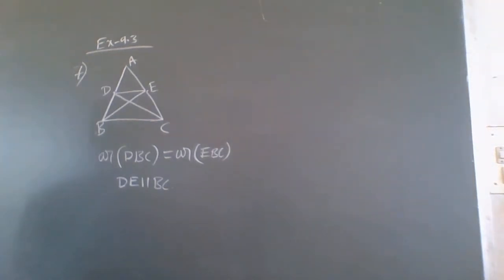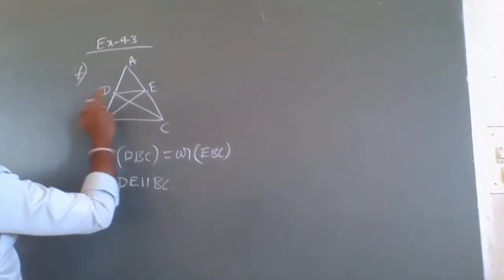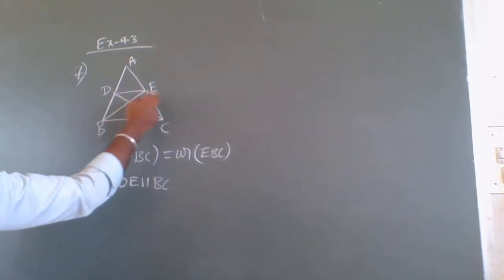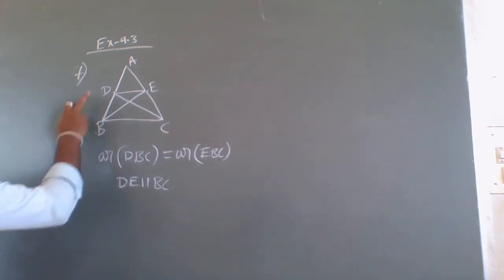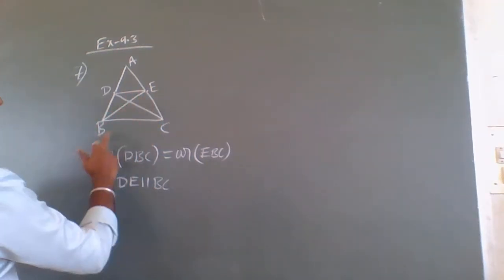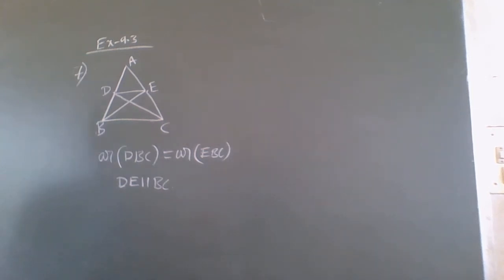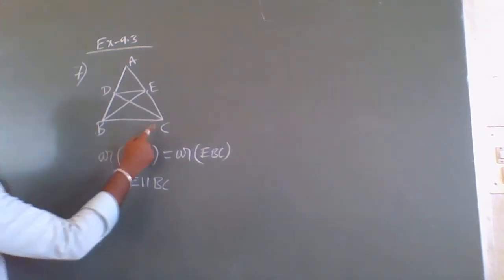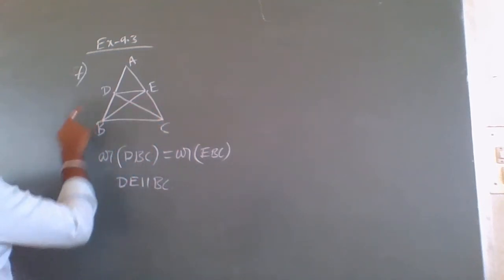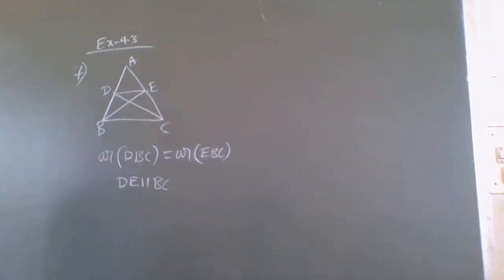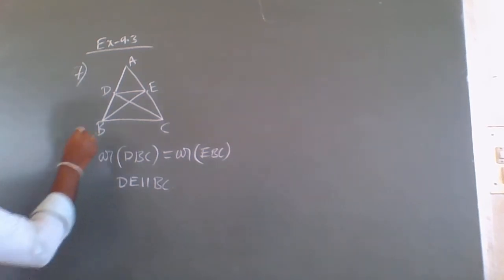So here they are given in triangle ABC, D and E are points on AB and AC respectively, and here area of this DBC is equals to area of EBC. So that we have to prove this DE is parallel to BC. So here we can write that since triangle BCE or EBC and DBC are on same base. What is the baseline here? Are on same base BC.